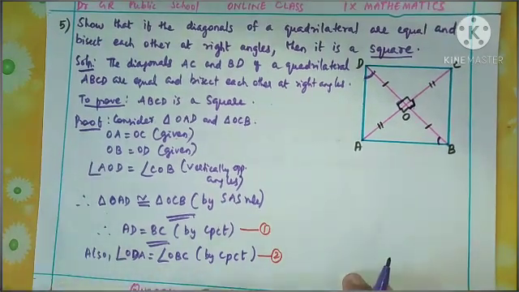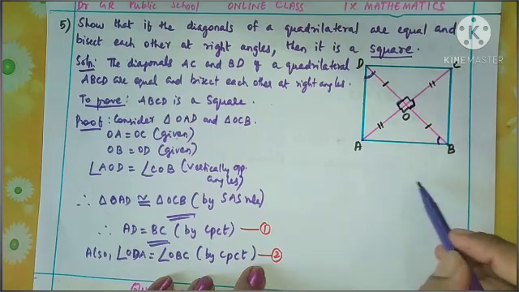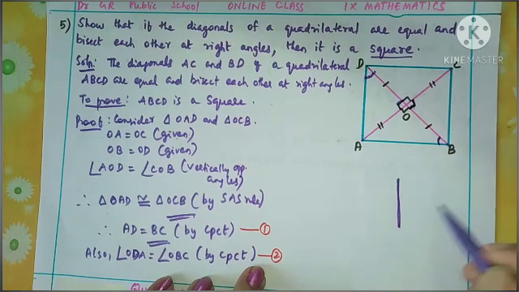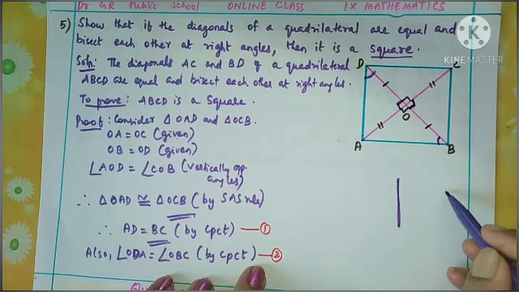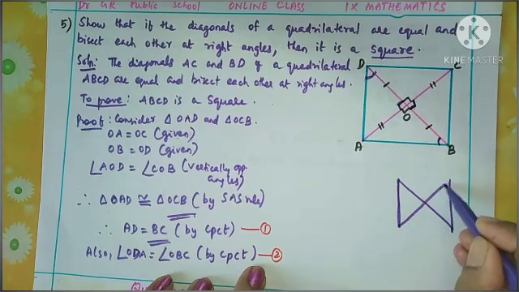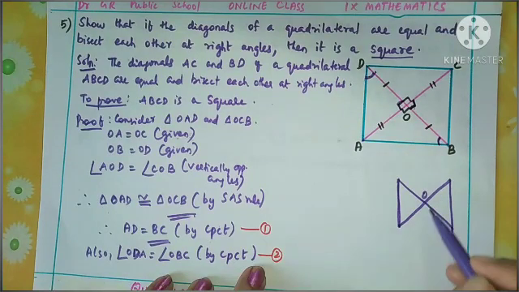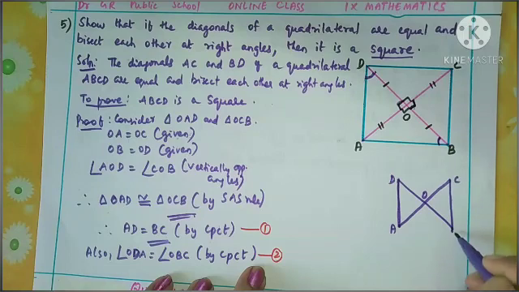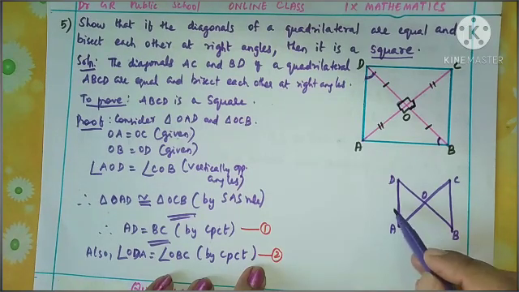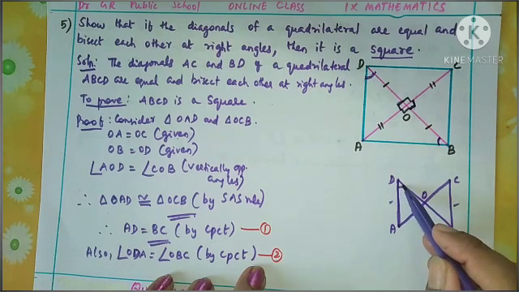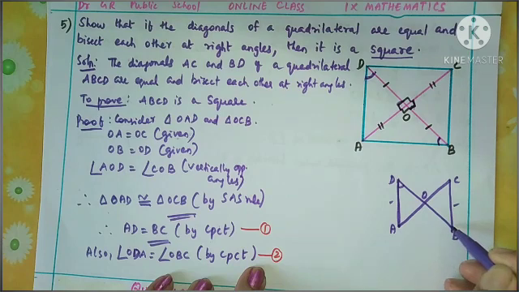Now you see children, if I draw these two triangles separately, that is OAD and OCB, for your understanding. So this is OAD and OCB. We have proved these two sides are equal, and ODA, this angle, is equal to OBC.